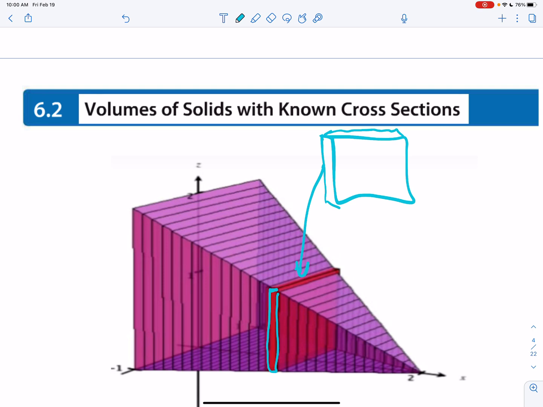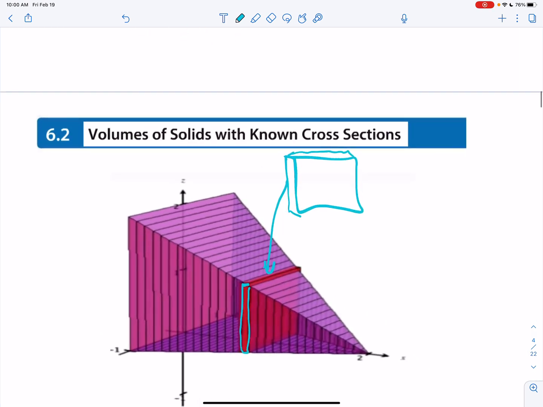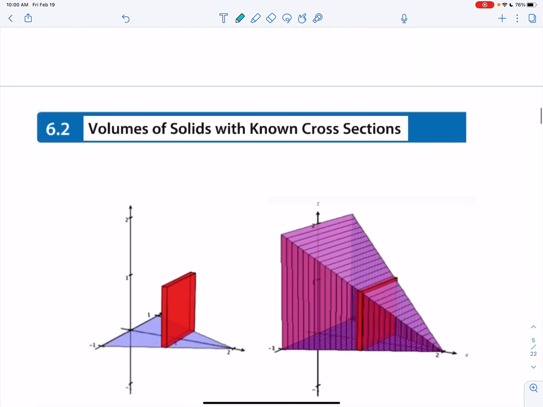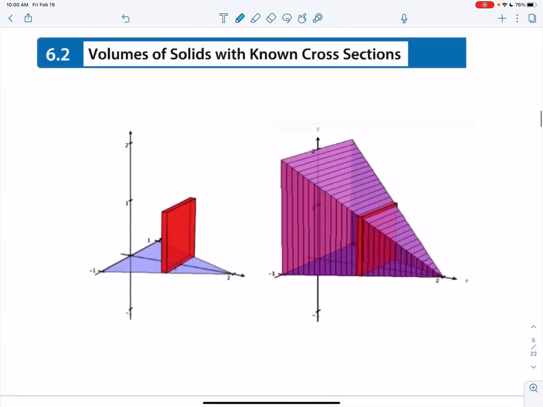Because it has a little bit of a thickness here. So think about that. That one slice is right here, okay? And it's on the surface. If you take a look at the bottom, it's on the surface of this shape here that's kind of triangular.